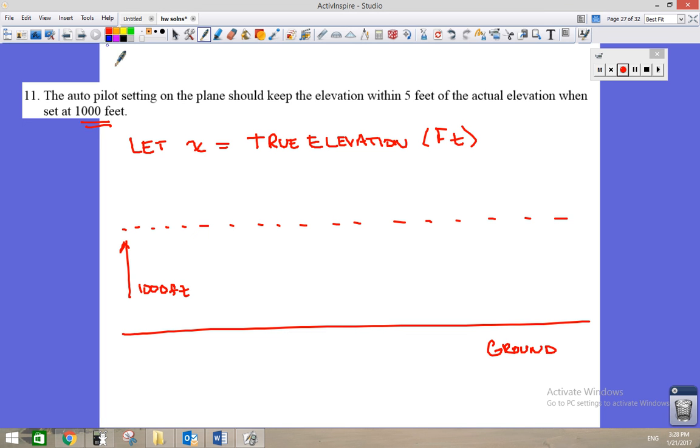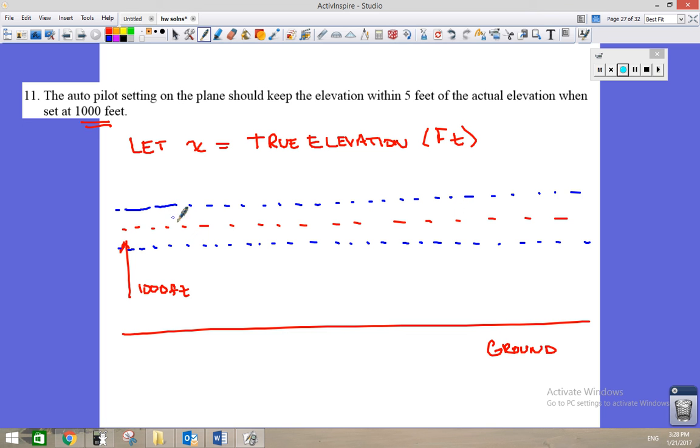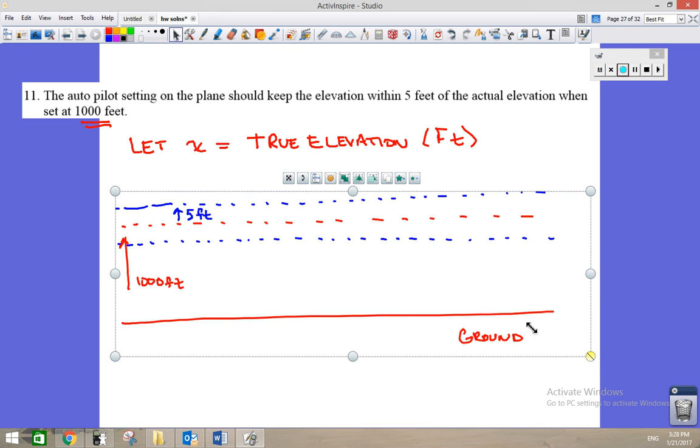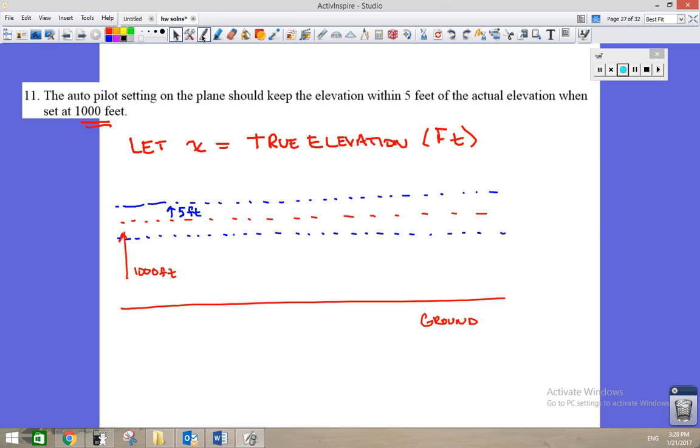We want our autopilot to stay as close as it can, even when there are wind gusts or any kind of turbulence. We want to be within 5 feet of that target. So let's write an inequality that represents that. If you're within 5 feet above or 5 feet below, we're saying that autopilot is working good enough.